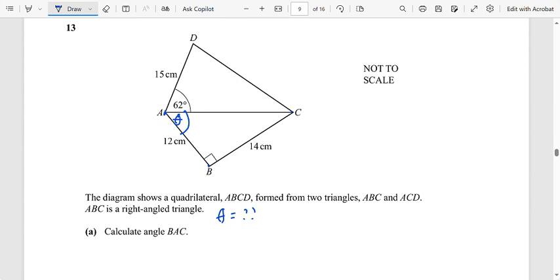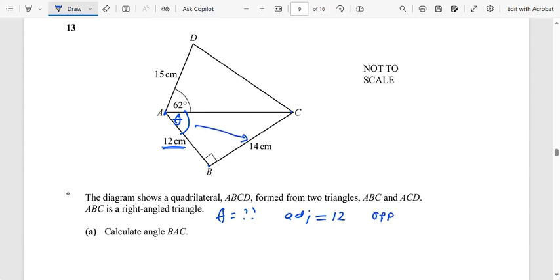I need to identify what I have so that I know which trig ratio to use. So the side marked 12 becomes the adjacent. The side AC is the hypotenuse. It has got nothing to do with this question because it's not given. So the side marked 12 becomes the adjacent because it's closer to the given angle. The side opposite to the given angle is the opposite.